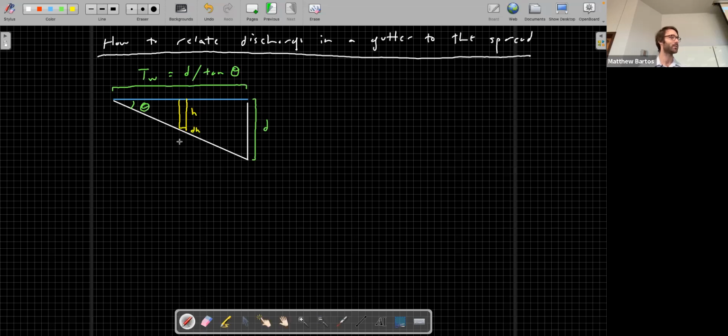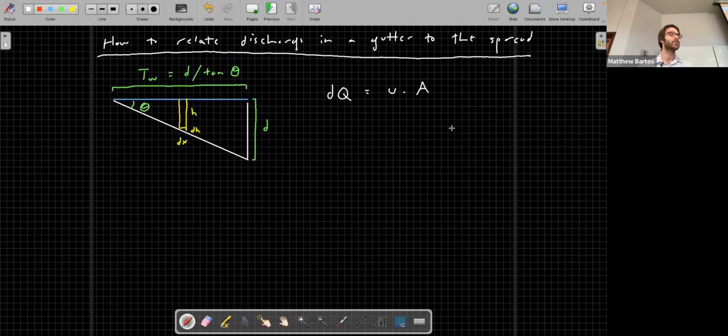We're going to call the width of this rectangular portion dx. Okay, and we're going to look at the discharge in this infinitesimal portion here. So the discharge within this tiny infinitesimal element is dQ, and it's going to be equal to u, which is the velocity in that element, times A, which is the cross-sectional area inside that element.